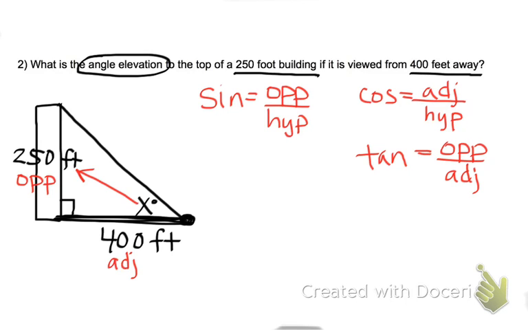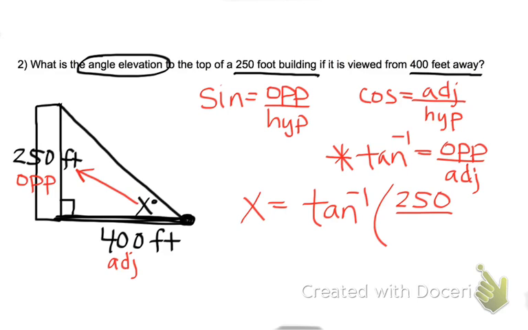So I will be using tangent because I have my opposite and adjacent. And since it's an angle, I'm going to use the inverse. So I have X equals tangent inverse of my opposite side, which is 250, over my adjacent side, which is 400.